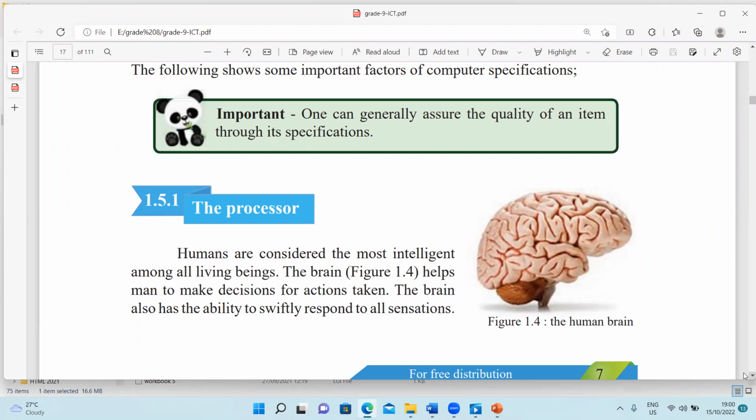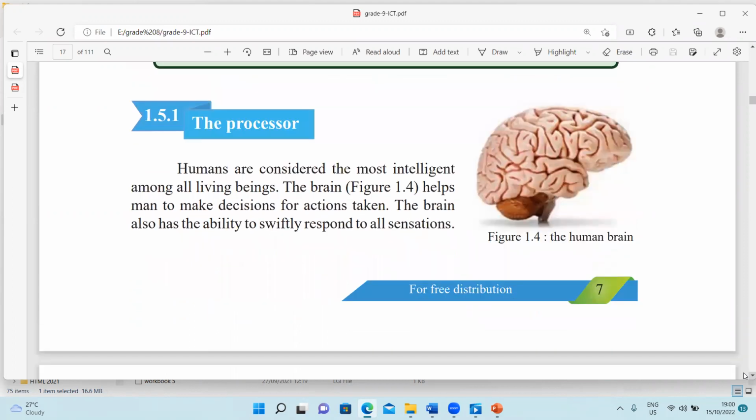Processing means when we input some data, it reacts according to the given instruction. That means it does some kind of calculation or processing. If it is getting delayed in giving the results, then it will be slow.